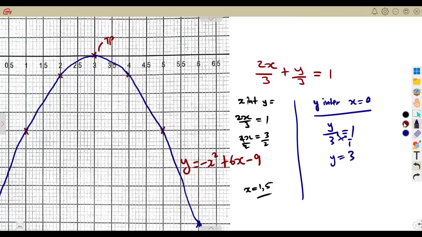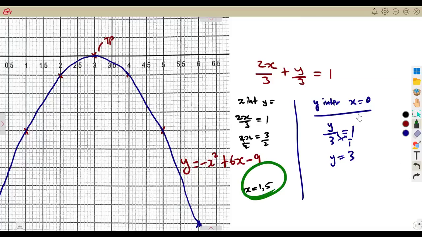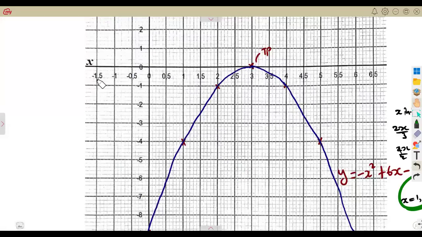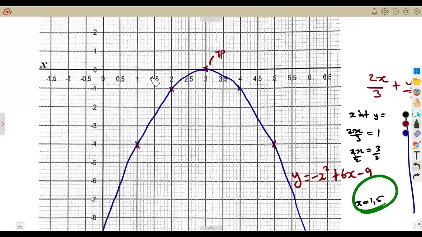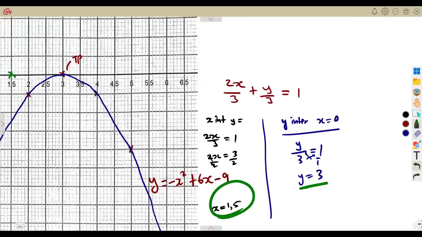To 3. So you're going to mark these points that we have, the x-intercept in the x-axis. Remember, in the x-axis at 1.5. X is 1.5. So 1.5, that is here. So you mark 1.5 in the x-axis. The y-intercept, y is 3.